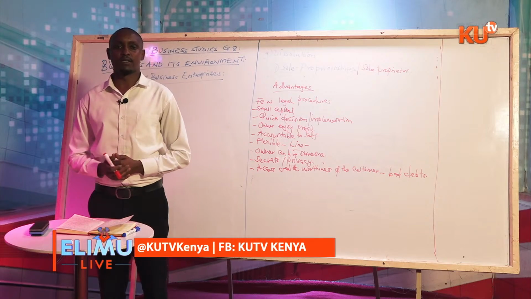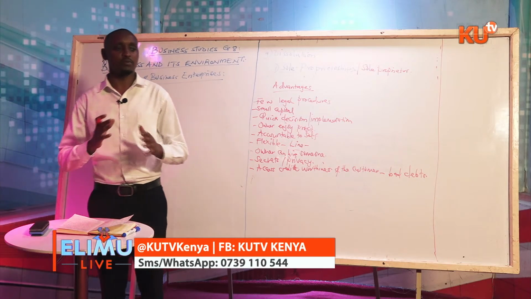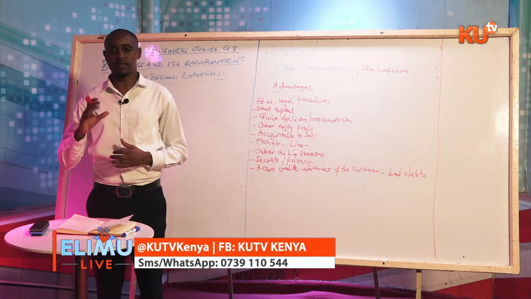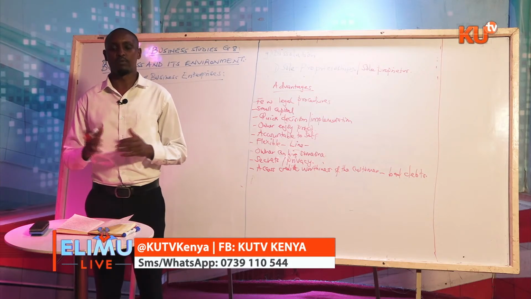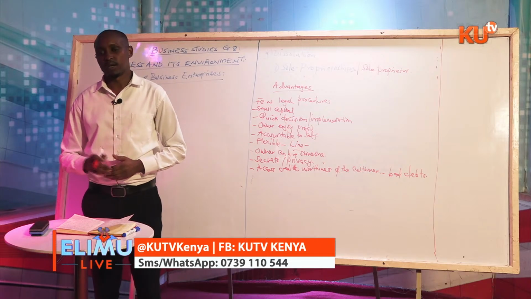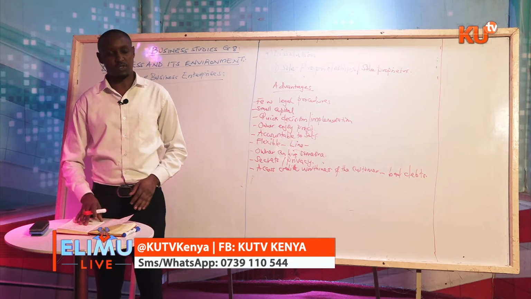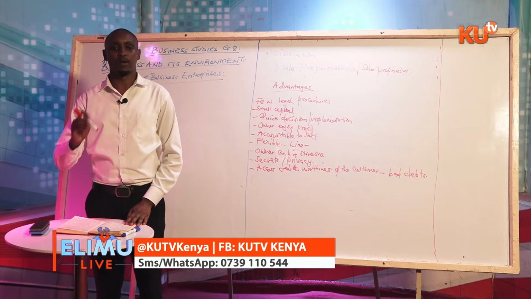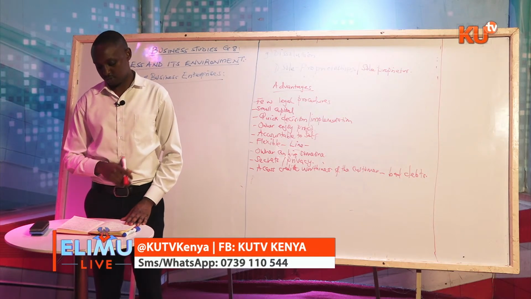Normally in companies, decision making is very slow, but there is a lot of consultation, and this helps to keep what we call checks and balances in place. But for a sole proprietorship, there could be poor decision making because there is lack of consultation.